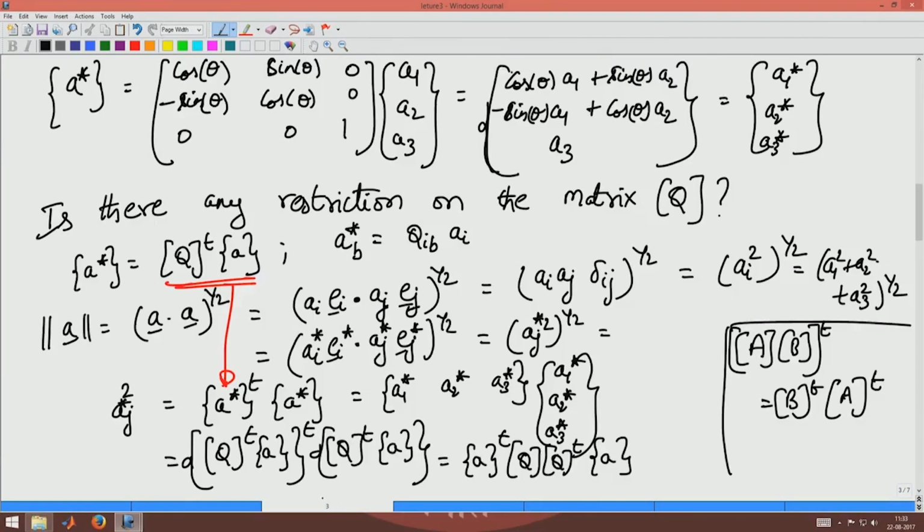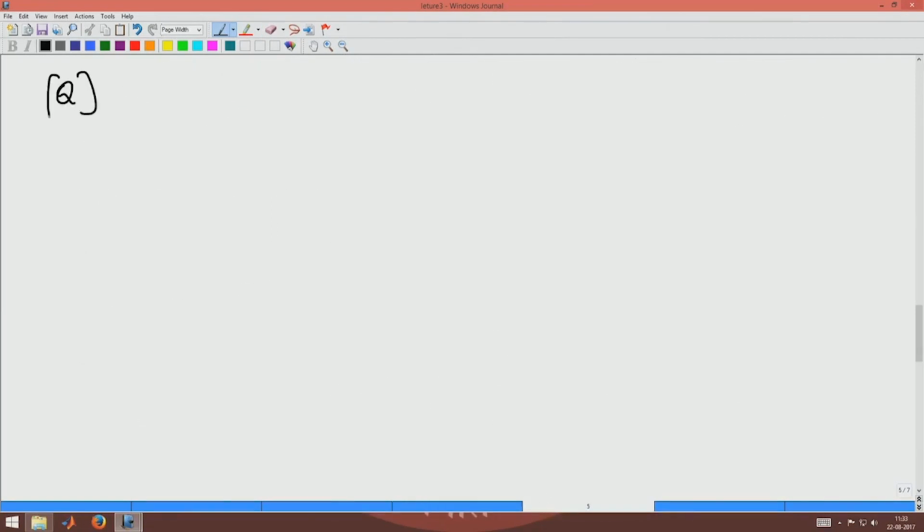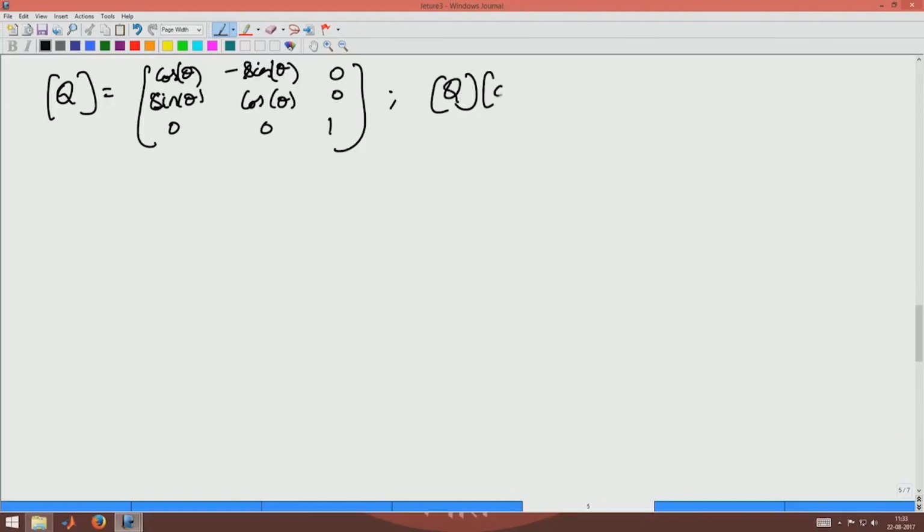Okay. So, let us go back here and check whether this Q satisfies that property, that it is an orthogonal matrix. For our example, Q is cos theta, minus sin theta, 0; sin theta, cos theta, 0; 0 0 1. I am interested in finding Q transpose, what will it be?